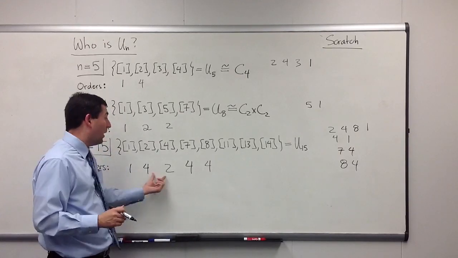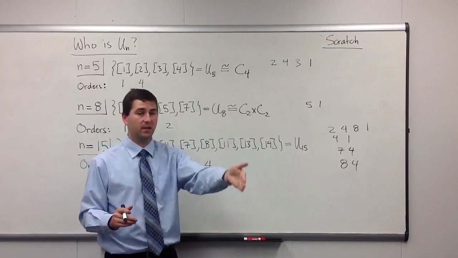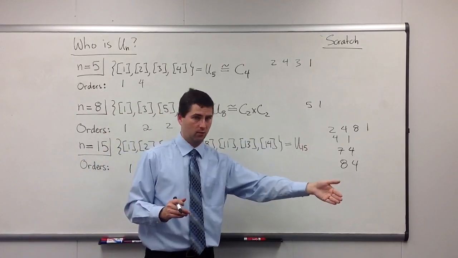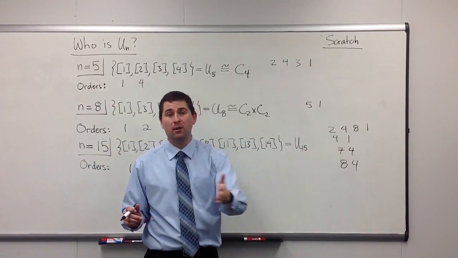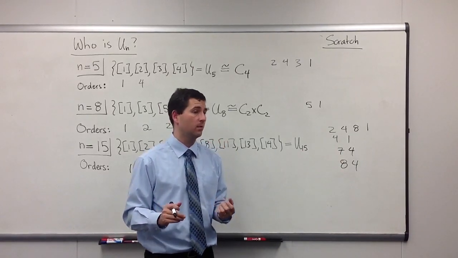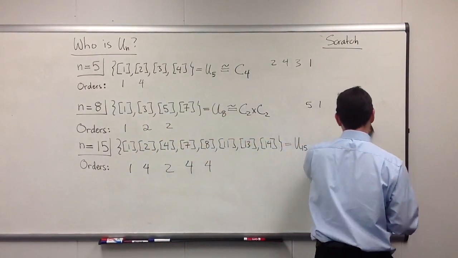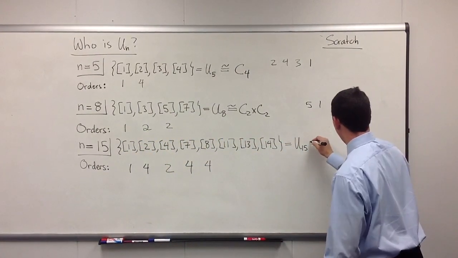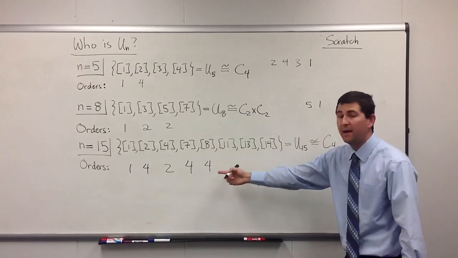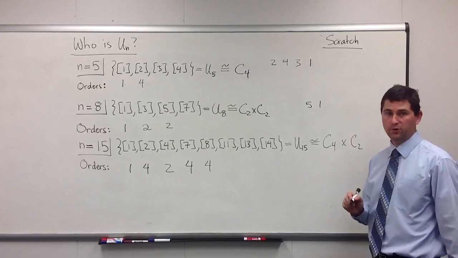Also, there are elements of order 4, so it couldn't be a cyclic group of order 2 cross a cyclic group of order 2 cross a cyclic group of order 2, because every element in C2 cross C2 cross C2 has order 2. Well, there's only one choice left. We have to have a cyclic group of order 4, because we know we have elements of order 4, cross a cyclic group of order 2.